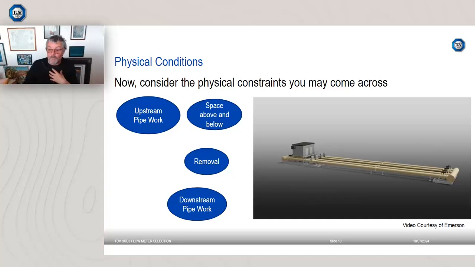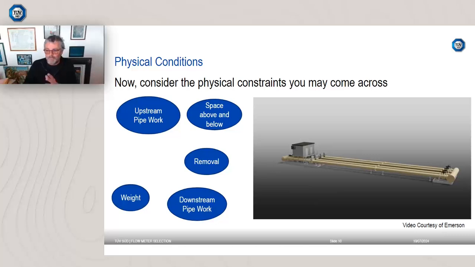Other meters, like the orifice plate, for example, while they can be calibrated, or their uncertainty can be maintained without the need for removal. So there's a good example of where a solution which might not suit in terms of upstream and downstream pipework, the orifice plate, is actually at an advantage when we consider removal. So this is the type of balance that we're always having to try and maintain when we're selecting a meter.